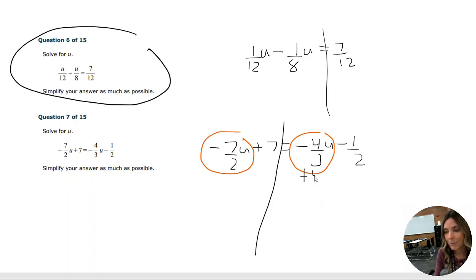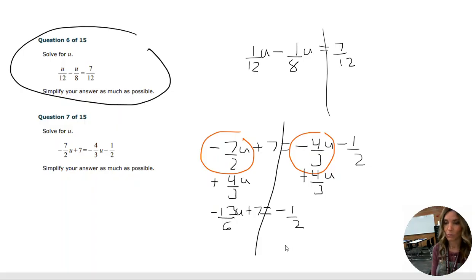I want to get rid of this variable term that's on my right side. And remember that we always do the exact same thing on both sides of an equation when we're solving. So now -7/2 plus 4/3 is going to give me -13/6 times u. I still have my +7, and on the right side, I still have my -1/2.